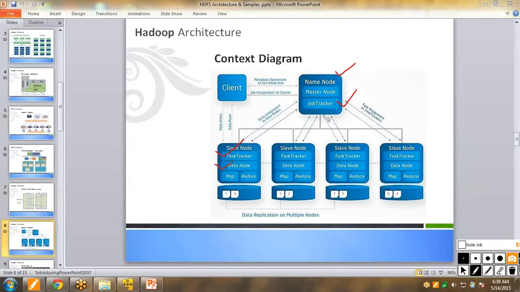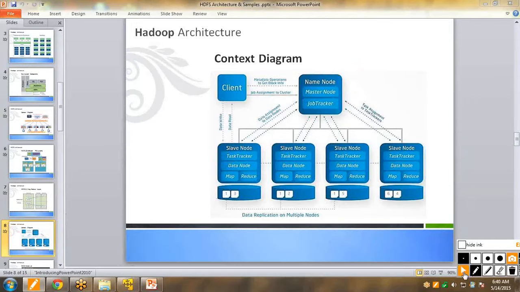But there will be only one name node and one job tracker inside a cluster. And also you see maps, reduces. These are the slots. I'll come back to them when the discussion comes. But please understand this: we have only one task tracker for each node, and only one job tracker for the entire cluster.